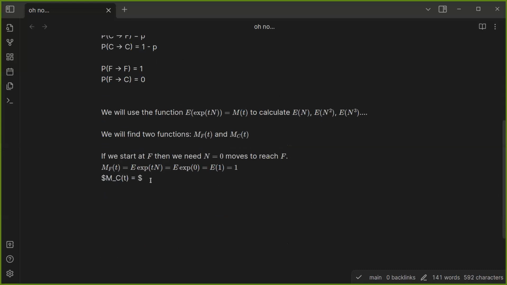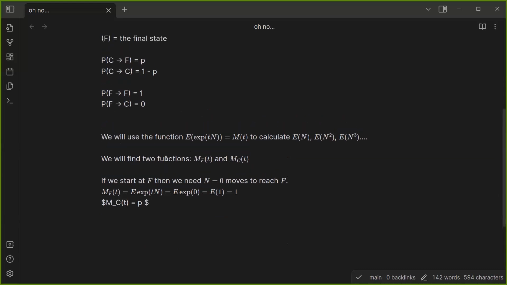Let's think a little bit. What may happen after one move? After one move, with probability P, we can spend one step and arrive at the final node.